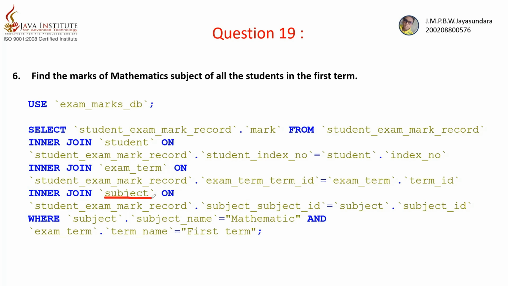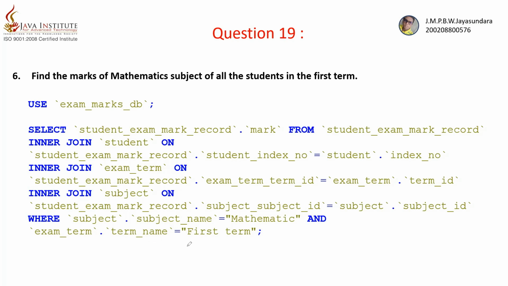After that, we have joined subject table with student exam mark record table using student exam mark record table's subject ID and subject table's subject ID. After that, in here we have given the condition as subject table's subject name should be equal to mathematics and exam term table's exam term name should be equal to first term.